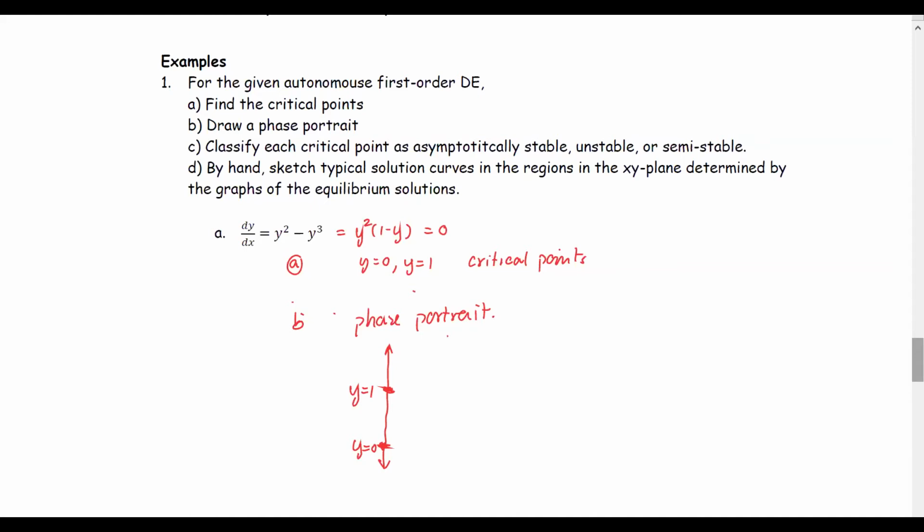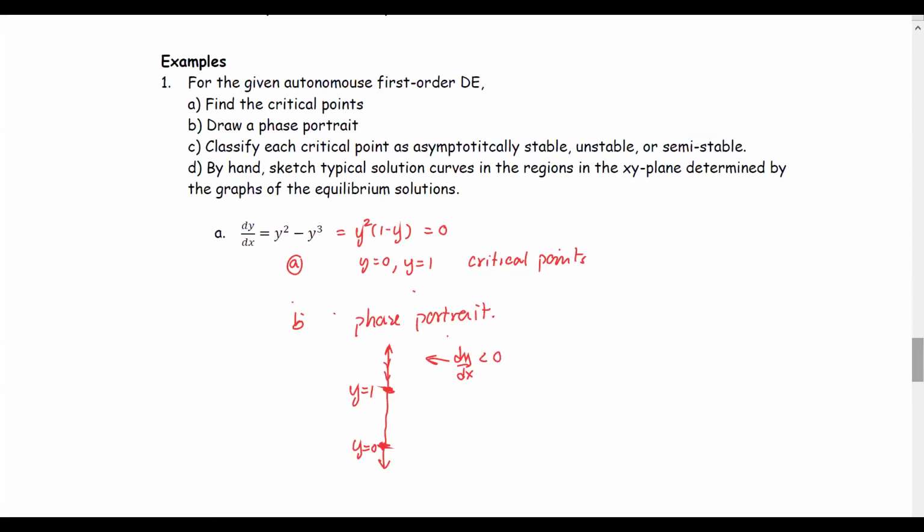For y greater than the value 1, dy/dx will be negative, or less than 0.